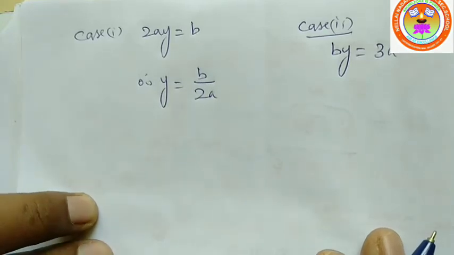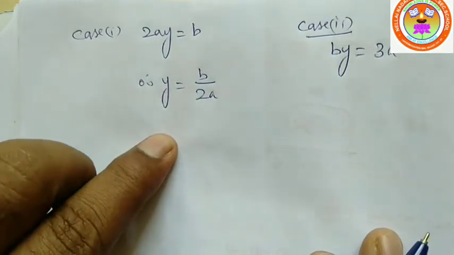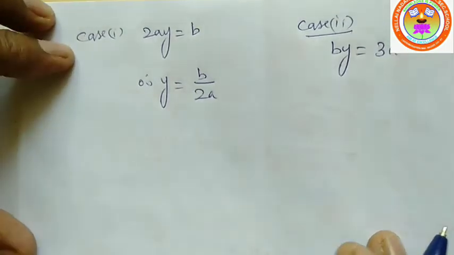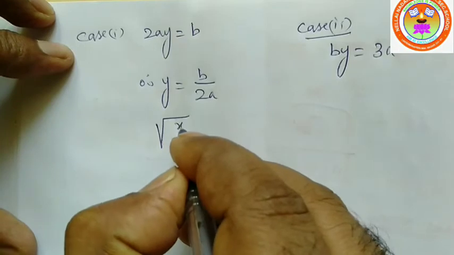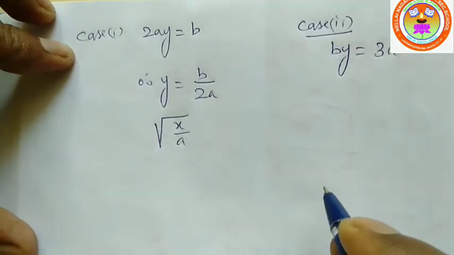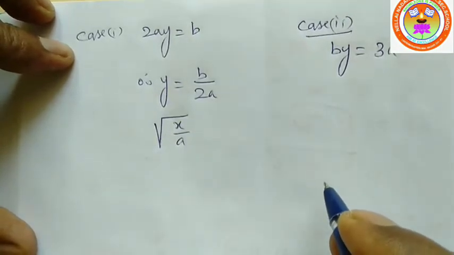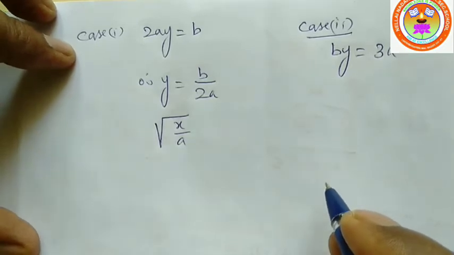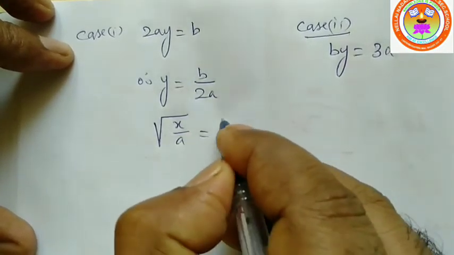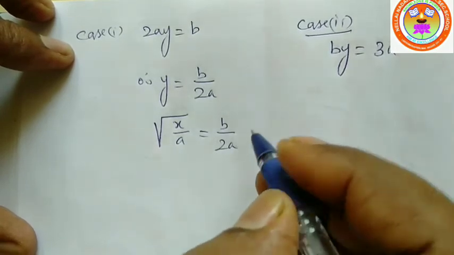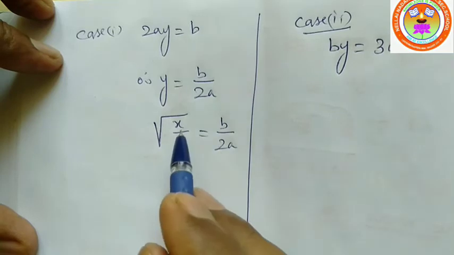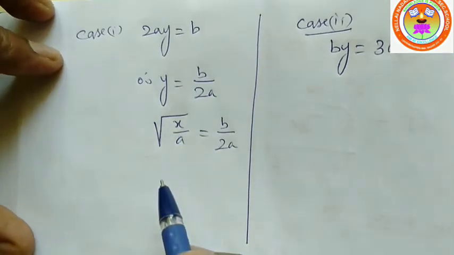But we considered this y at the beginning of the question: y means root of x by a. So root of x by a is equal to b by 2a. But our aim is to find the value of x.